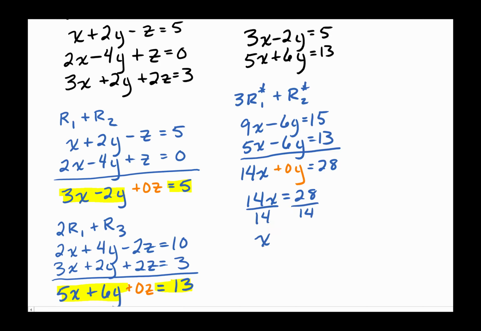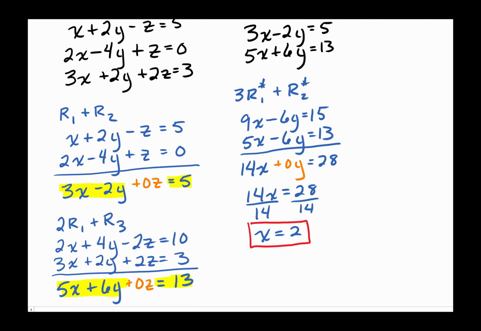And so of course x equals 2, and we want to keep track of that because that's the x part of our solution. And we know what we need to do to finish solving the 2 by 2 system. We're just going to plug that x equals 2 into one of these two equations. Doesn't matter which, but we're trying to now find y.